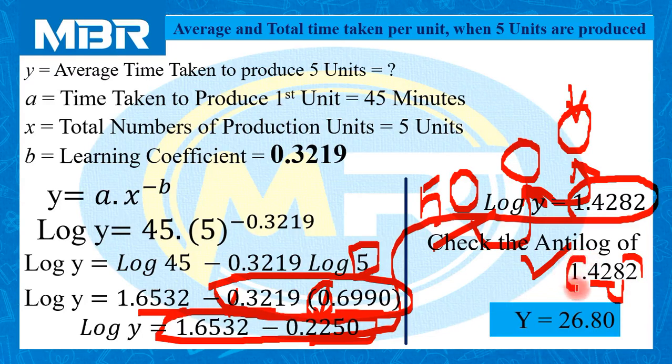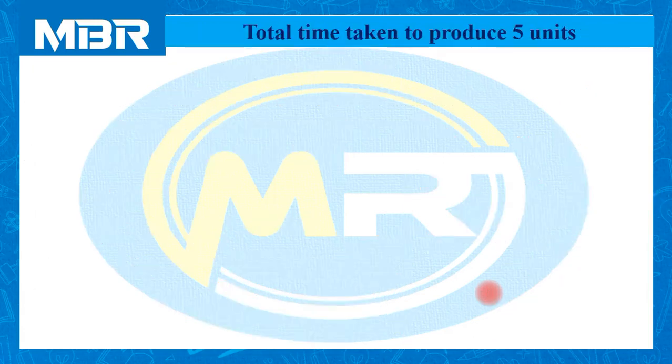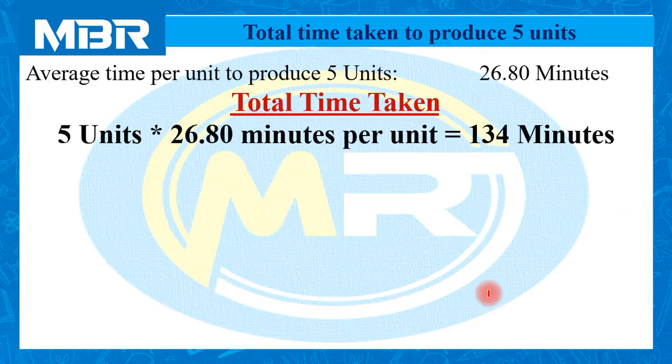Here we have 1 as a prefix, so 1 plus 1 equals 2, so we need to put the decimal point after 2 digits. So we can say that the result is y equals 26.80. It means when we produce 5 units of the product, average time will be 26.8 minutes.